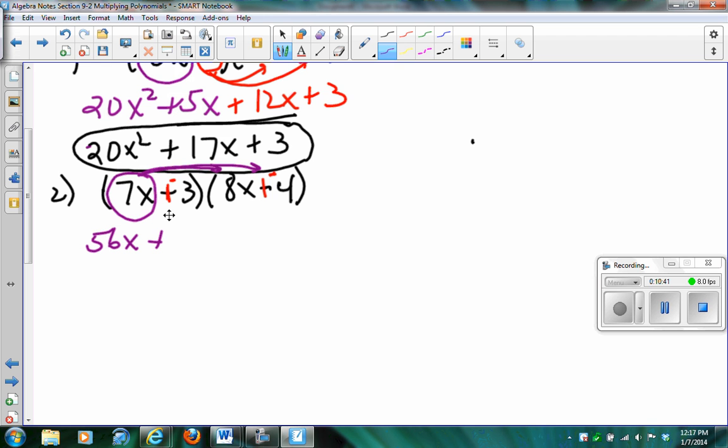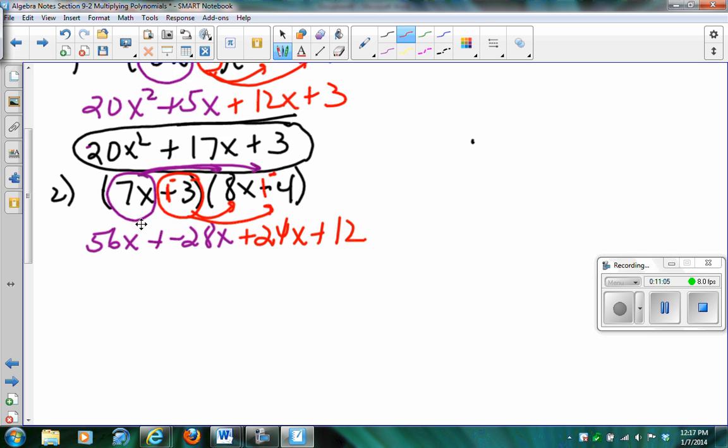56x plus the 7x times negative 4, which is negative 28x. Then I'm going to take the negative 3 and multiply it times each term in the second binomial. Negative 3 times 8x is negative 24x. Negative 3 times negative 4 is 12.